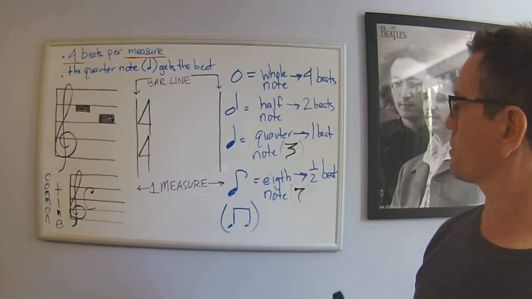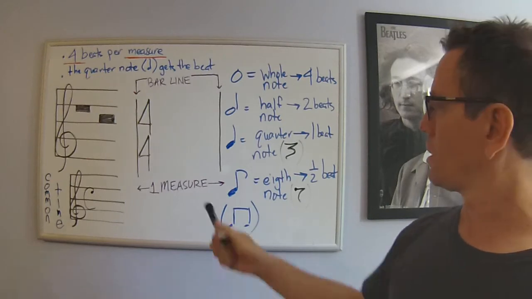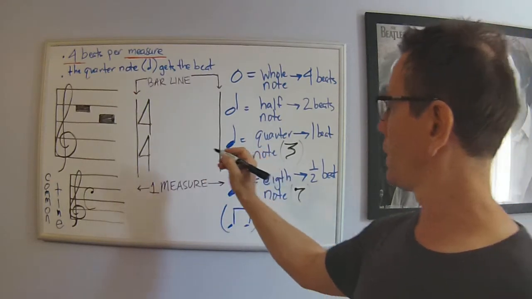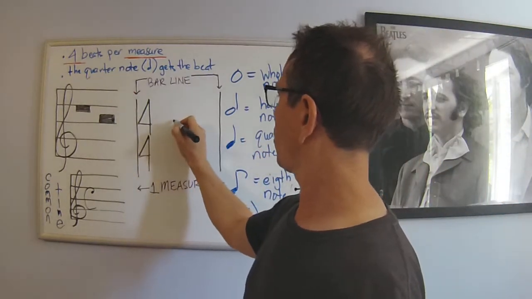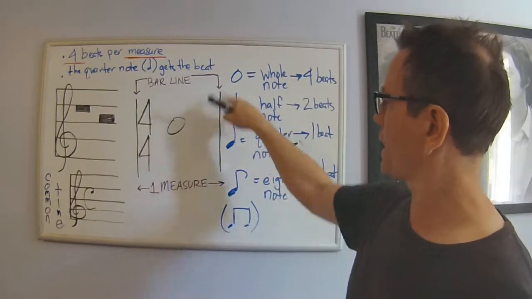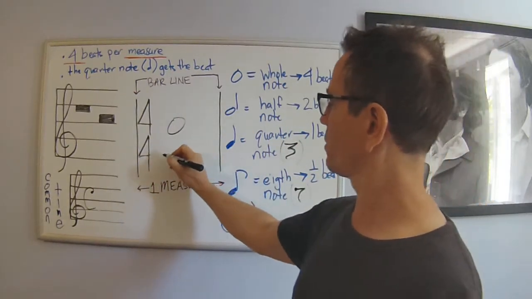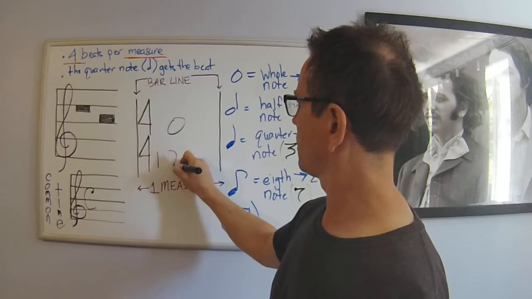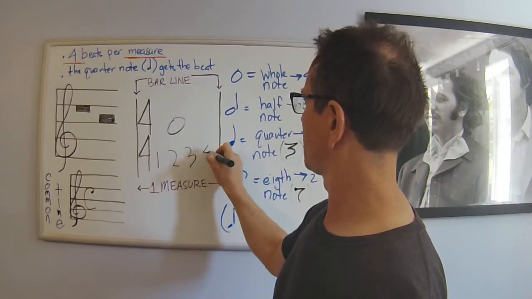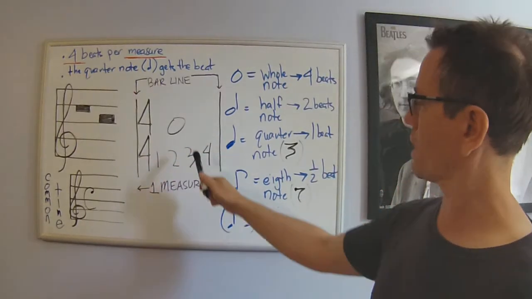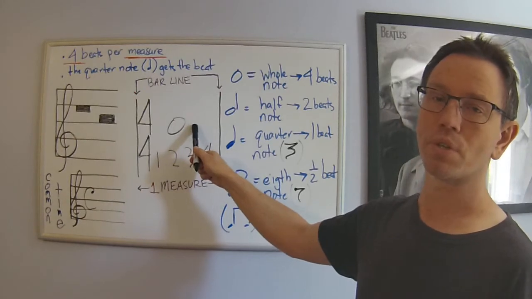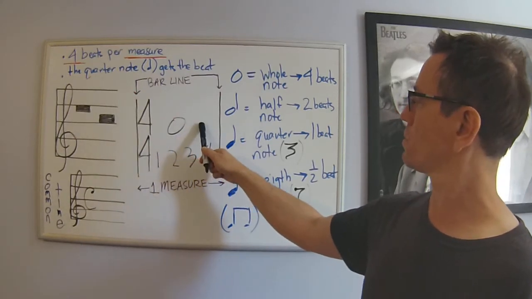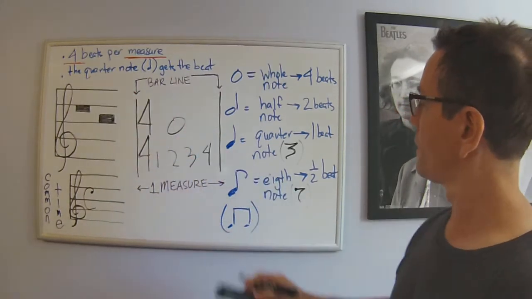So some examples of this would be if you're in 4/4 and you see a whole note in that measure, remember your job is just to count to 4 and start over. So that will get 1, 2, 3, 4, 1, 2, 3, 4, right?